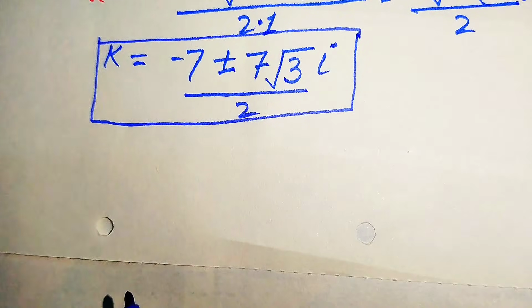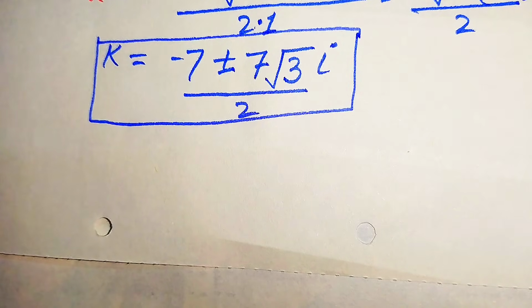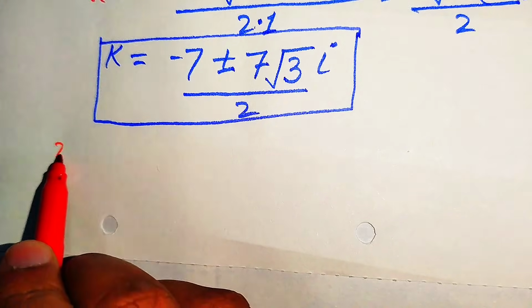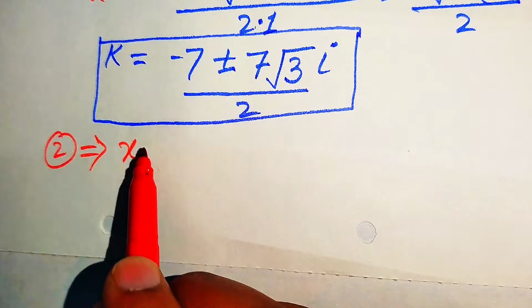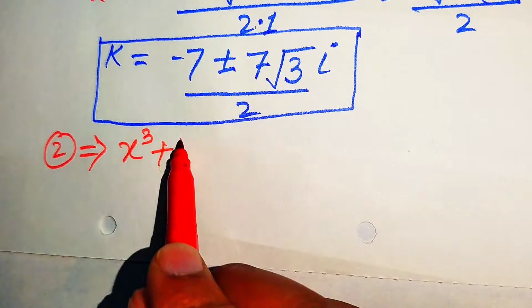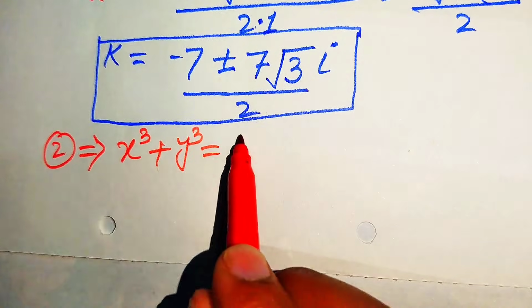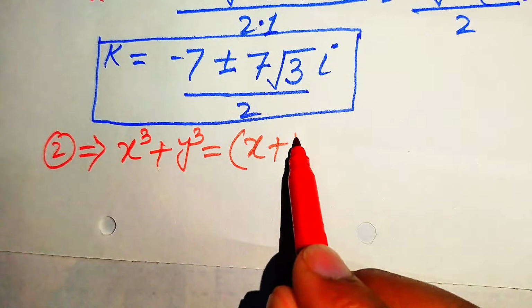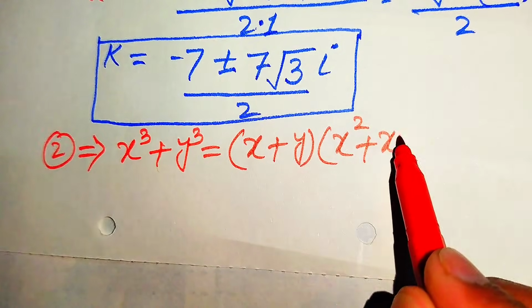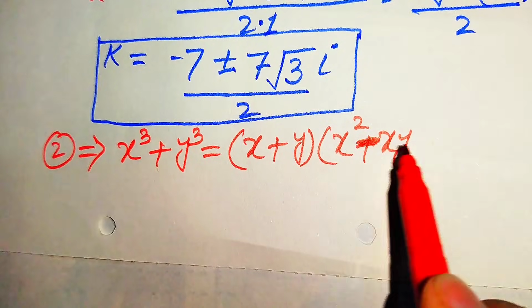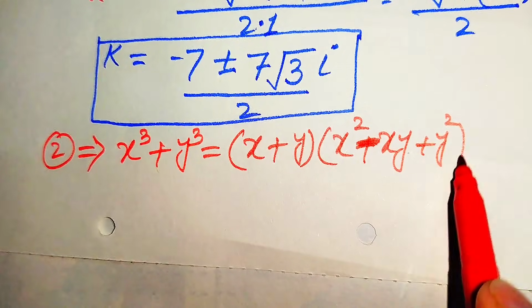So here we need to focus on equation number 2. In equation number 2 we use this nice formula: if we have x cubed plus y cubed, it is equal to x plus y times x square minus xy plus y square.